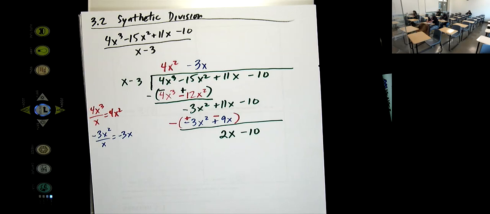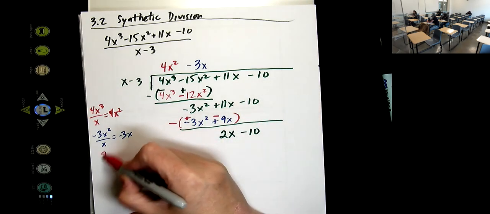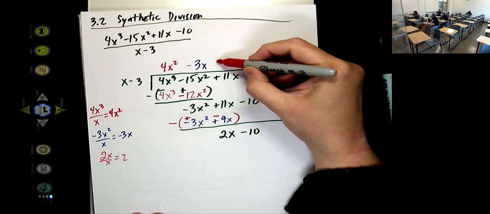And finally, I do it one last time. I've got a 2x here. I'm dividing it by that x out front, and I get 2. So I'll put a plus 2 here.